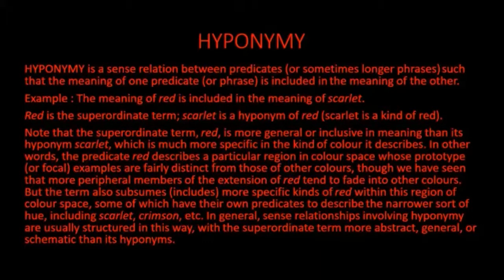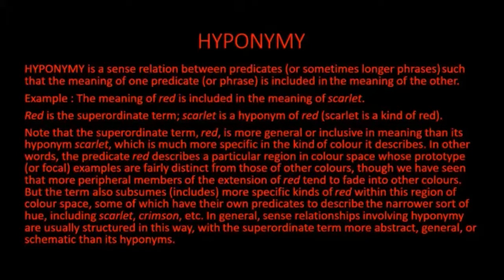In other words, the predicate red describes a particular region in color space whose prototype or focal examples are fairly distinct from those of other colors, though we have seen that more peripheral members of the extension of red tend to fade into other colors.